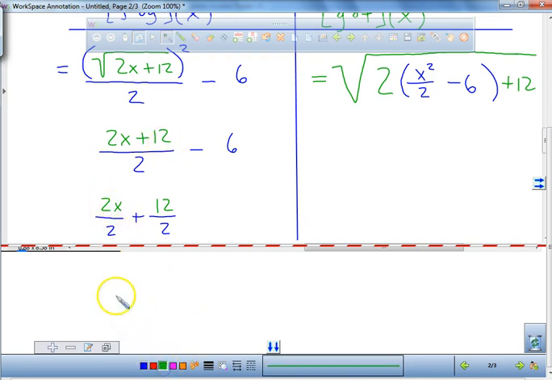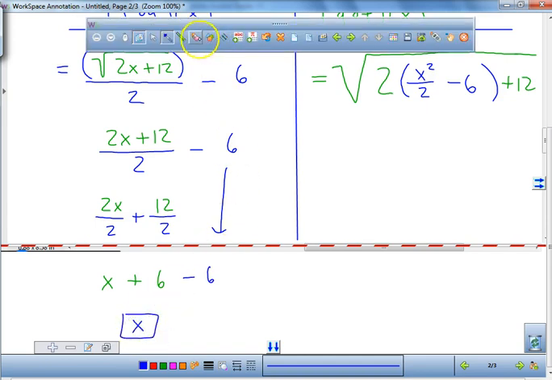And what are you left with? Is 12 divisible by 2? What are you left with? And then what do you have way over here? You have a minus 6. So what happens? We just get x. Now what does that tell you? That tells you that these functions are inverses of each other. Okay?